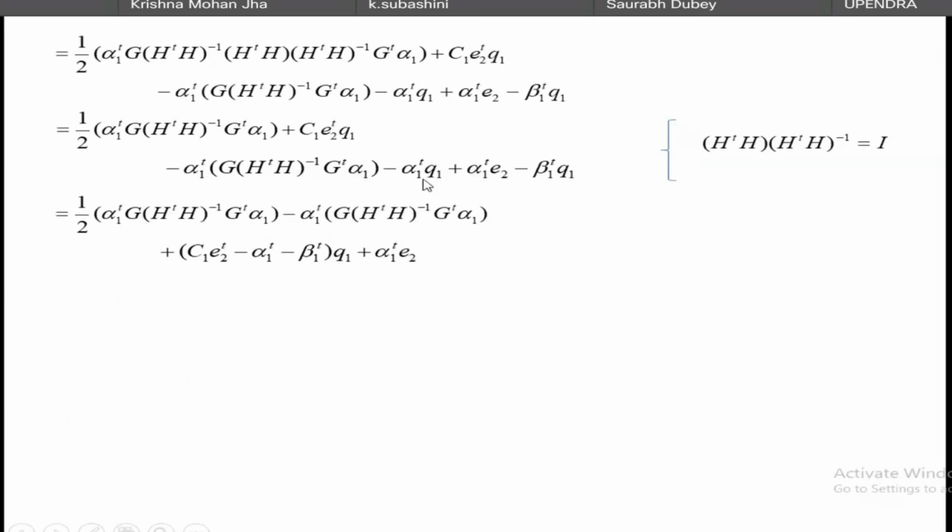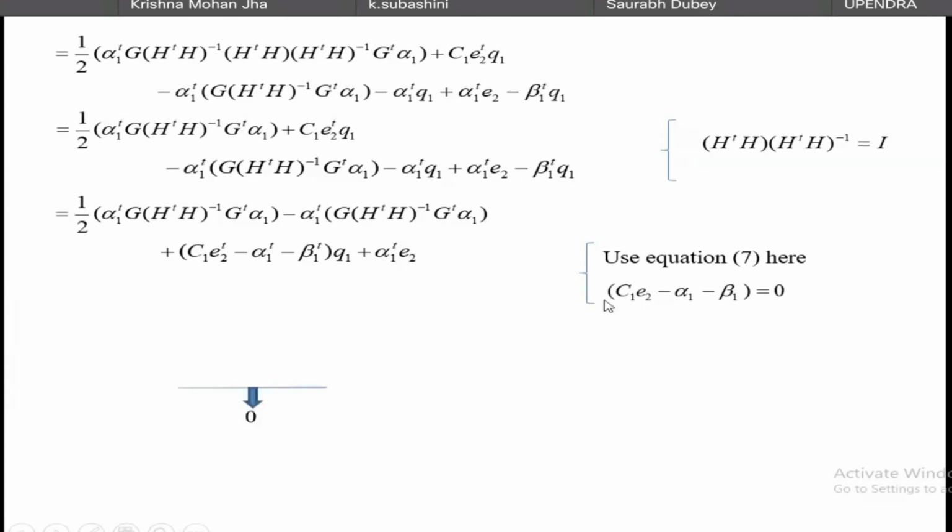And here you can write this C1 E2 transpose, this minus alpha 1 transpose, minus beta 1 transpose. So E1 I am just taking out, and plus this alpha 1 transpose E2. And we already know this equation from the previous slide, when we take the derivative with respect to Q1, we get C1 E2 minus alpha 1 minus beta 1 is equal to 0.